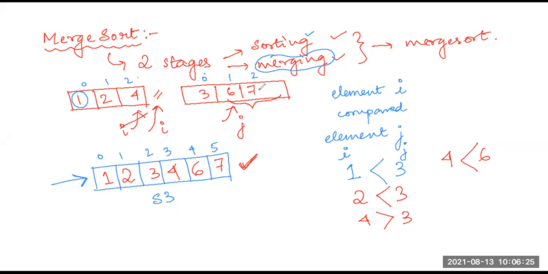So 3, 6, 5 is not a sorted array. So it will never happen. It has to be 3, 5, and 6. Because when sorting is applied, automatically the elements will be sorted. The thing which I have shown is only the merging part, the merging of the two sorted arrays.